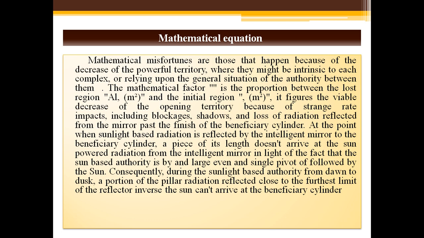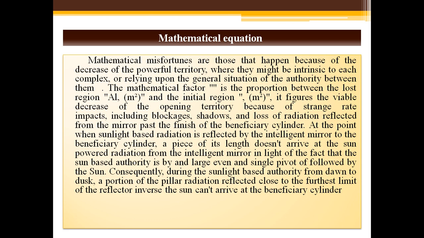the receiver tube. When solar radiation is reflected by the reflective mirror to receive tube, part of its length doesn't reach the solar radiation from the reflective mirror, because the solar collector is generally horizontal and single axis of followed by the sun.